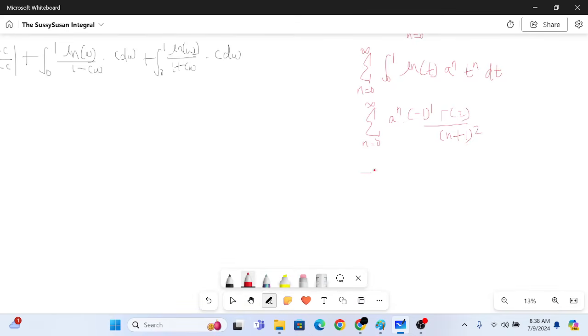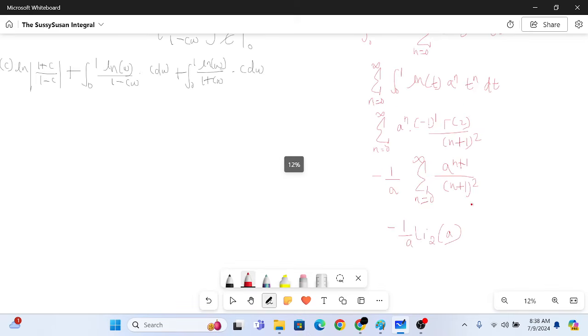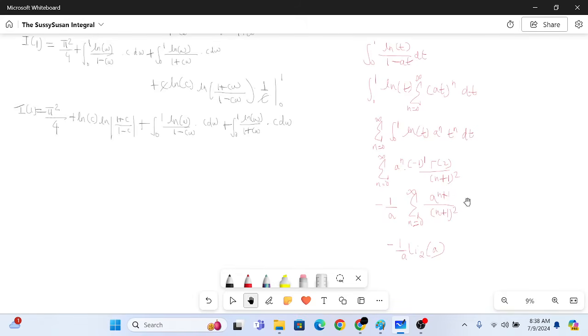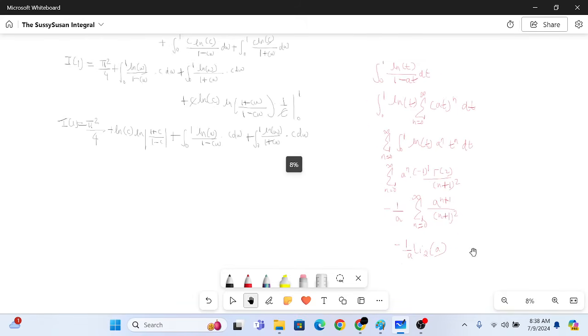If I take 1 by a over here, this will be the sum from n equals 0 to infinity of a to the power n plus 1 by n plus 1 square. Yes, so this is actually the definition of the dilogarithm function, 1 by a times Li2 of a. So you see that this integral, ln t by 1 minus at, is minus 1 by a Li2 of a.